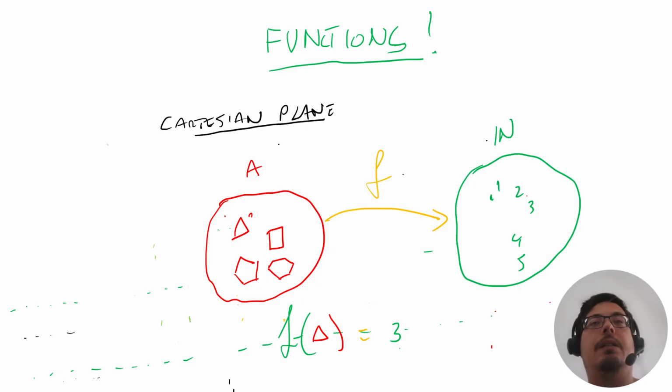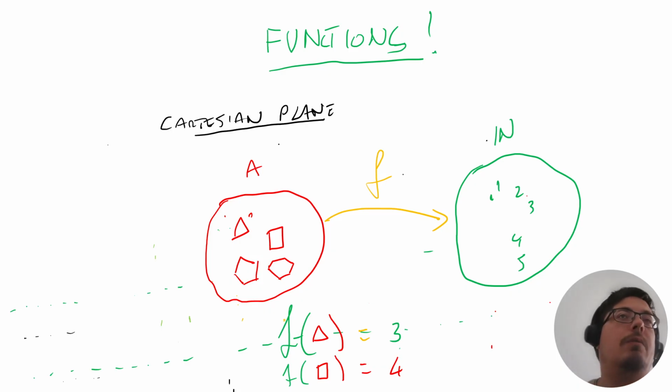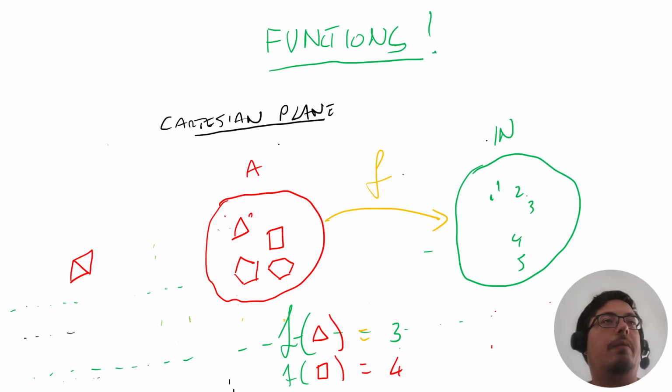So it's a way to associate a strange space, which is the space of shapes, to the number of edges. Can you do math with it? I think you can, because you can compose shapes if you want. You can put two triangles together to make a square, for example.